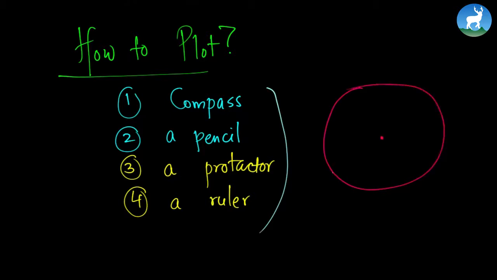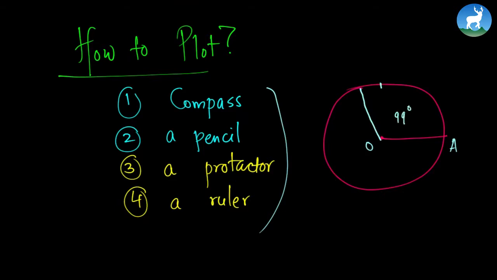The center should be located, and from there you can draw a radius. So this is the center and this is the radius. From here, by keeping the protractor's crosshair above the center of the circle, you can draw the first angle. I need to draw 99 degrees. So this is 99 degrees, the first one.